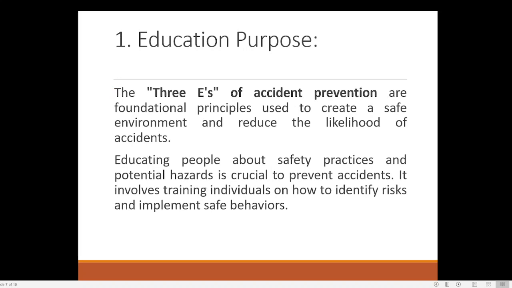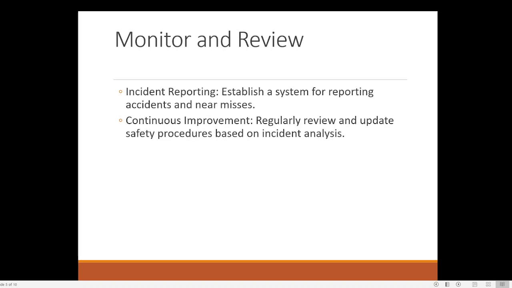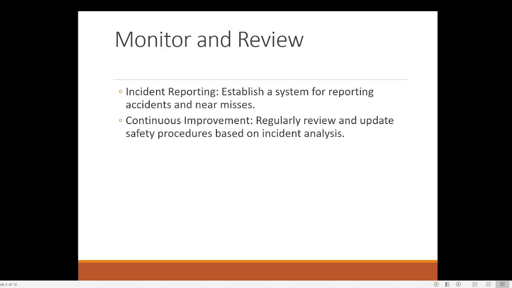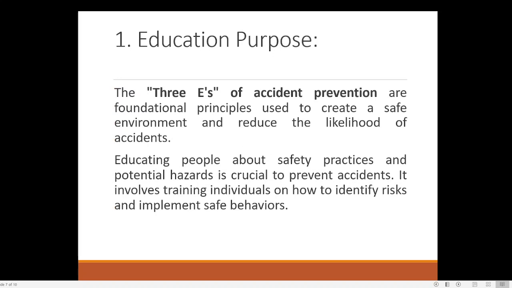The importance of educating people about safety practices and potential hazards is crucial to prevent accidents. Earlier we discussed that under education and training, so that aspect is mentioned here. The first E stands for education, giving proper education.